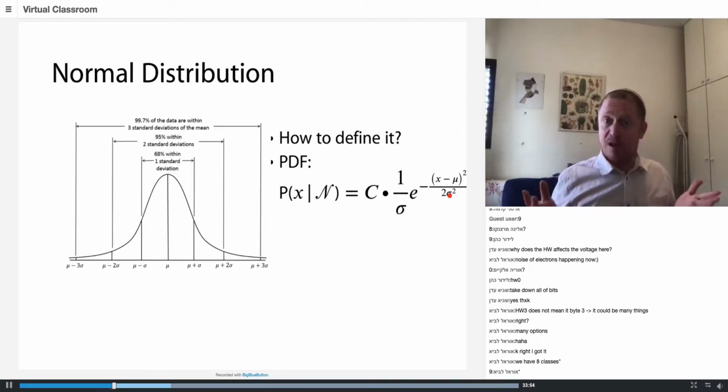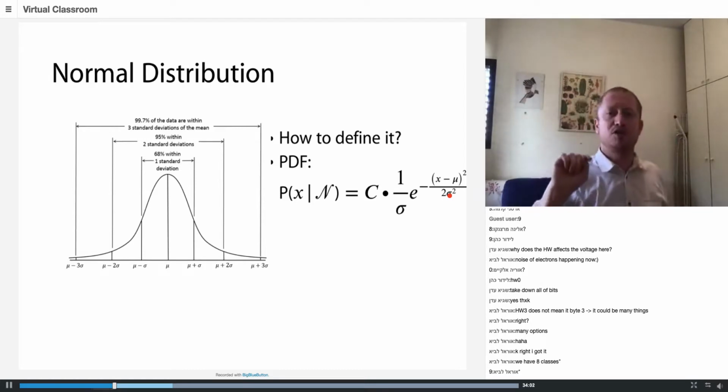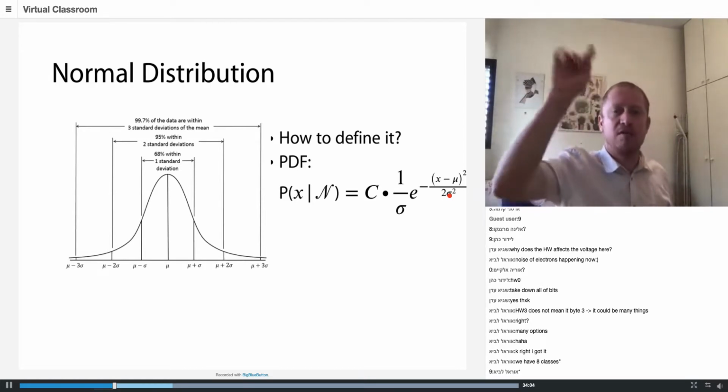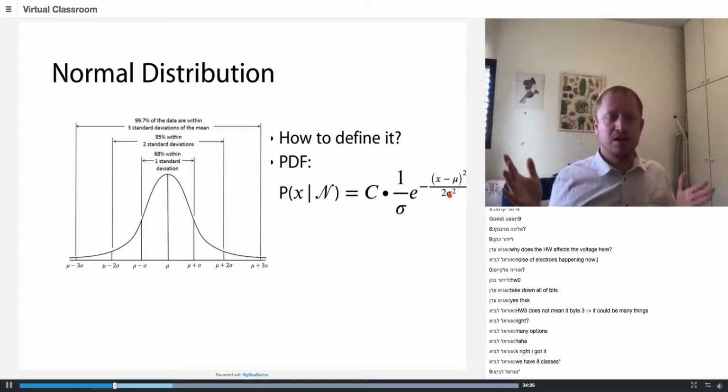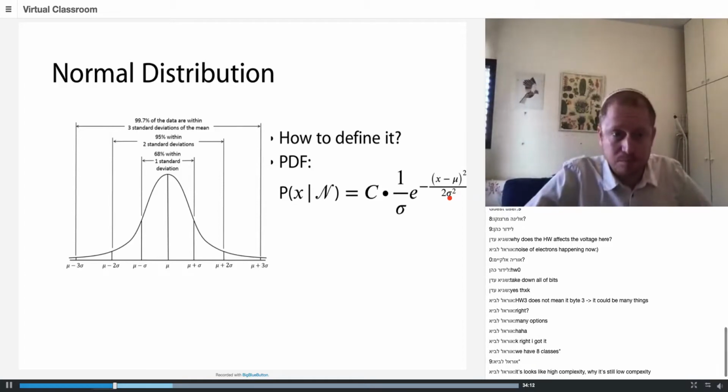Okay, I can do this with Hamming weight 1. I get this waveform, and I find this is the mean voltage for Hamming weight 1. This is the mean voltage for Hamming weight 2, 3, 4, 5, 6, until I get to 8. And now I have 9 averages. So low complexity means online complexity.